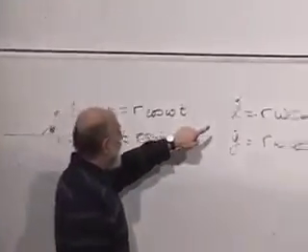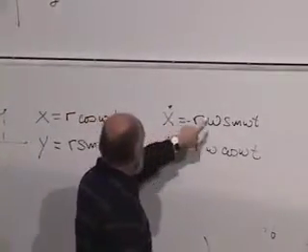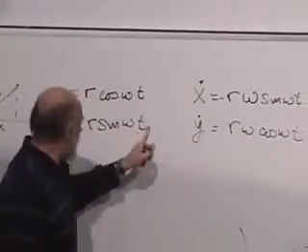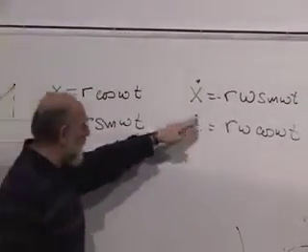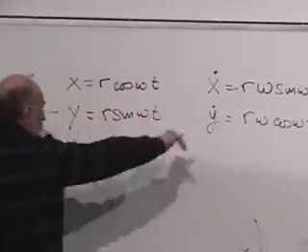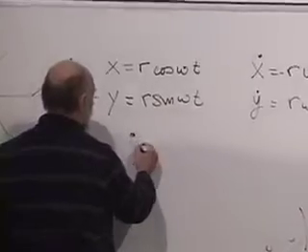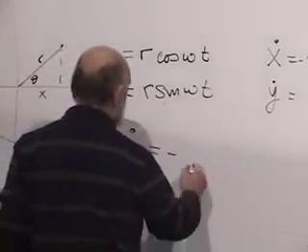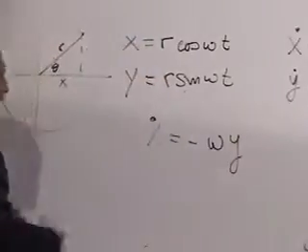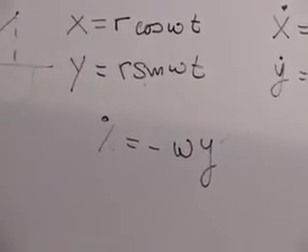Here we have that x dot is minus omega times y. The r's cancel out. All right? So I can write that x dot is equal to minus omega times y, and also a similar equation for y dot.